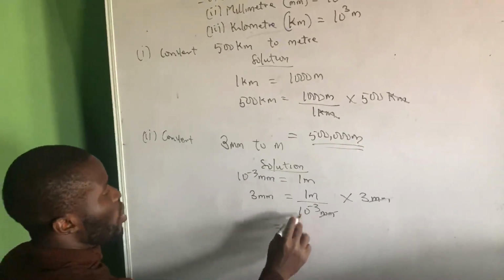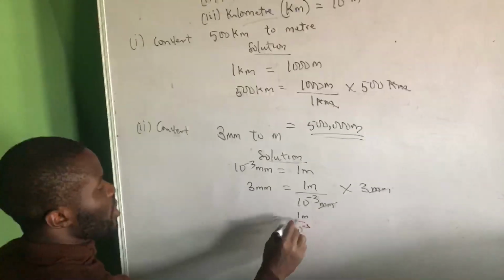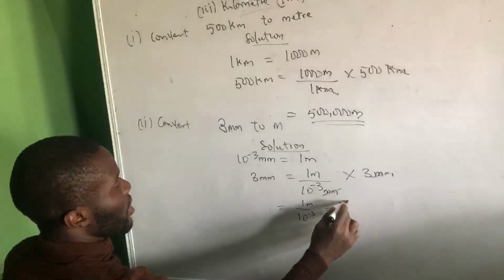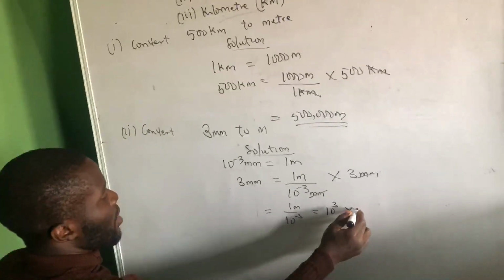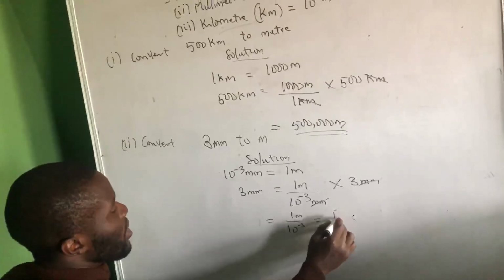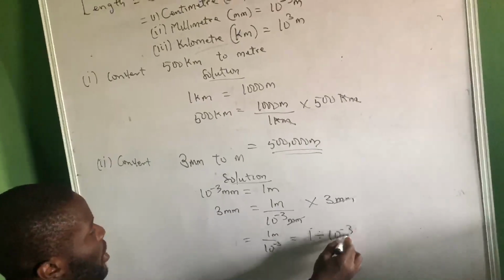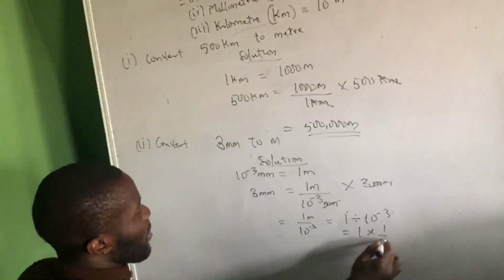So 1 over 10 raised to power minus 3 is 1 divided by 10 raised to power minus 3, and that is 1 times 10 raised to power 3.